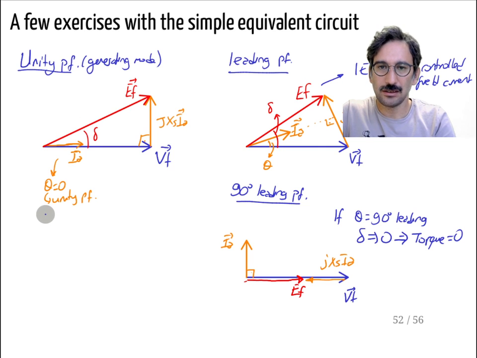Let's look at the other case. Let's say 90 degrees lagging PF, power factor. In this case it is more or less the same graph.